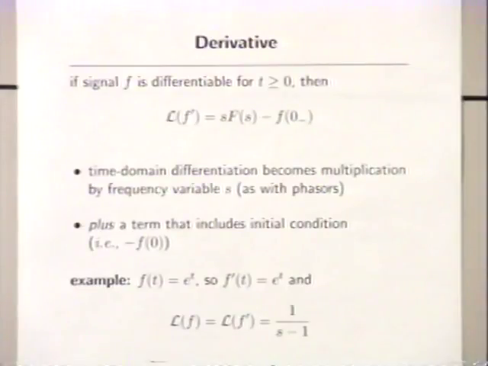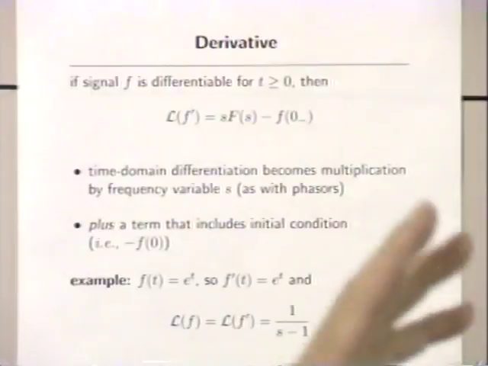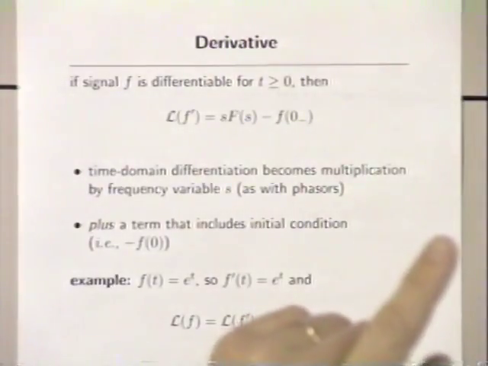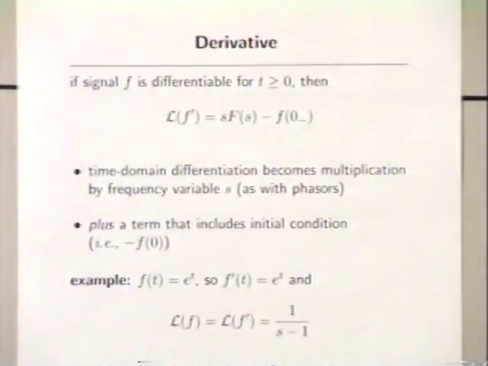Okay? Now, this is very much like phasors in sinusoidal steady state analysis in 101. In 101, if you had a phasor representing a sinusoid, and then you took the derivative of the sinusoid, the associated phasor is simply j omega times the original phasor, right?